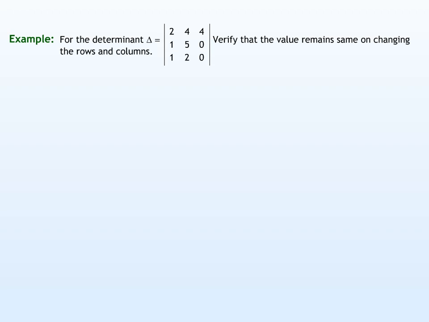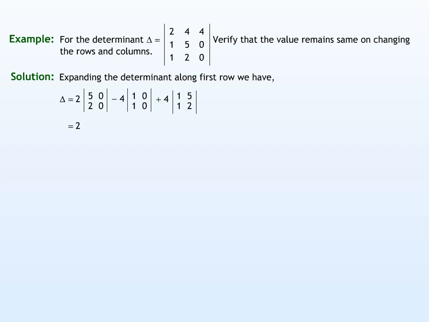Example. For the determinant delta shown here, verify that the value remains the same on interchanging the rows and columns. Expanding the determinant along the first row, we have delta equals 2 multiplied by 0, minus 4 multiplied by 0, plus 4 multiplied by (2 minus 5), which equals minus 12.